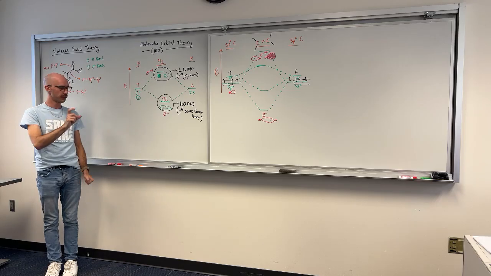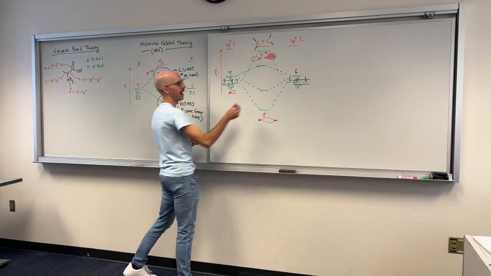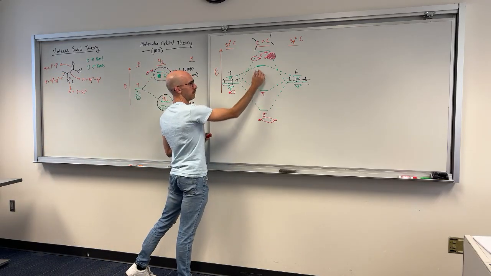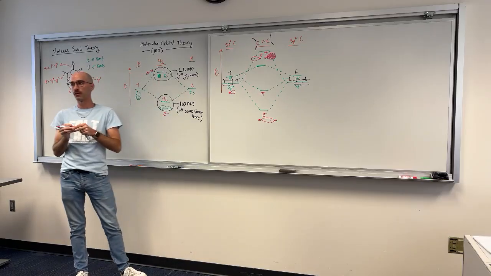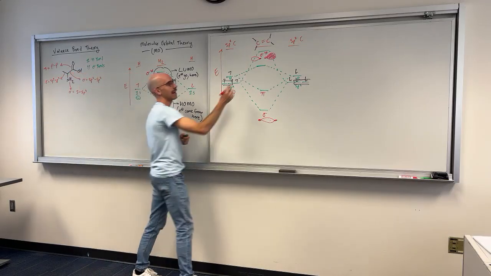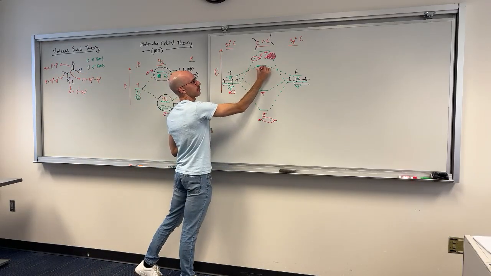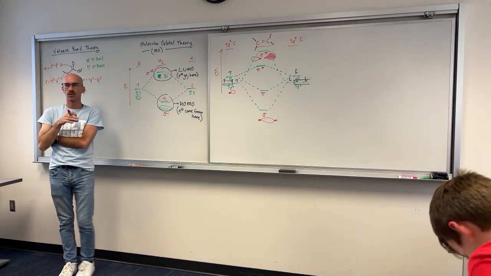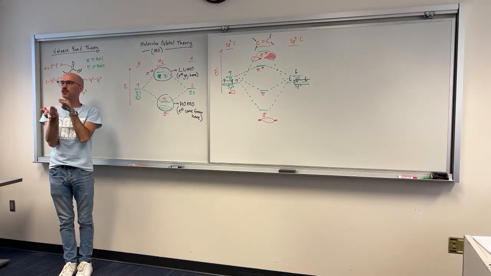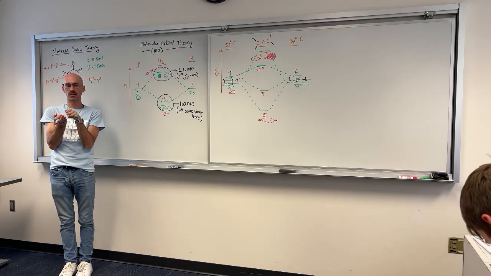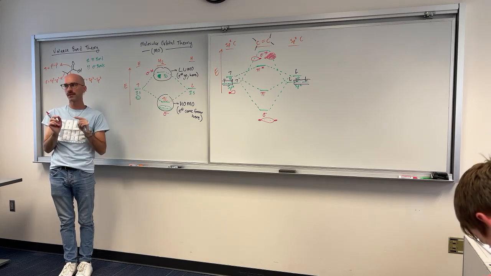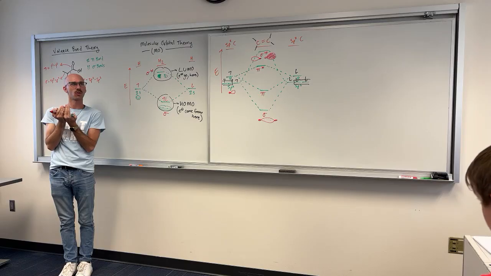So p orbitals create pi orbitals and pi star orbitals, which always fall in between sigma and sigma star. Not quite as low, not quite as high. And it's because their orbitals don't overlap quite as much.